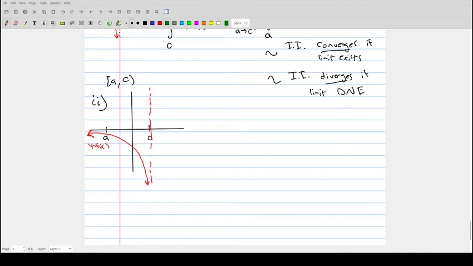So we say that the improper integral from a to c of this function is the accumulation of the function from a to c.